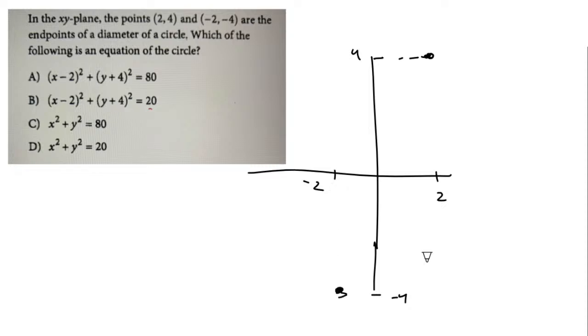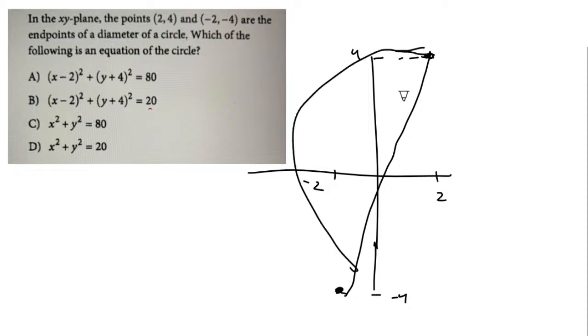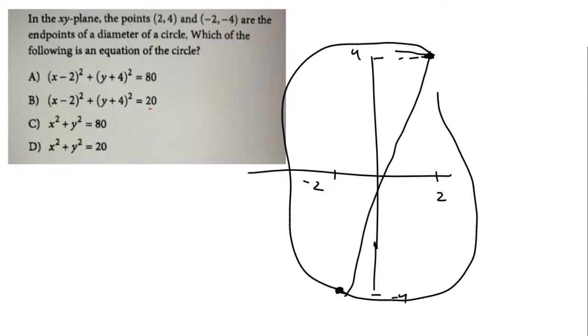Okay, then it means there is some kind of circle. There's a diameter, and it's something like a very big circle. I can't draw it properly. I'm really sorry for that.